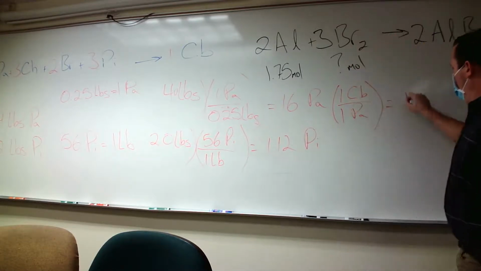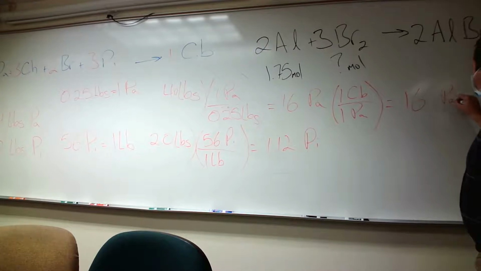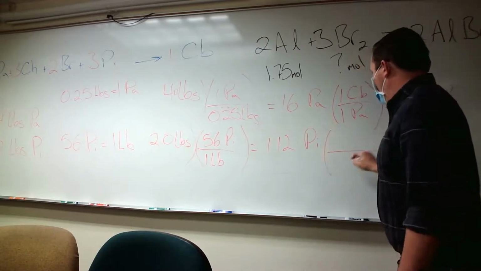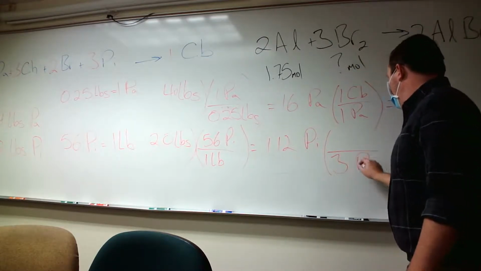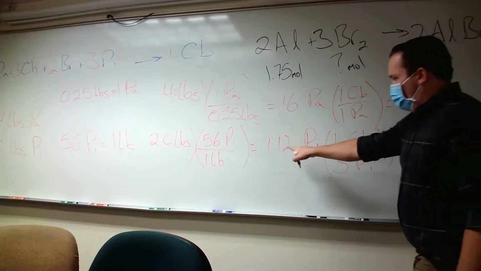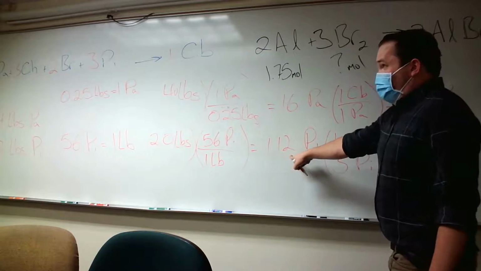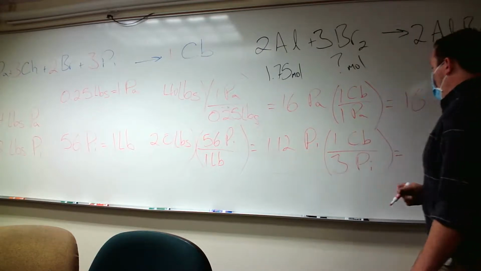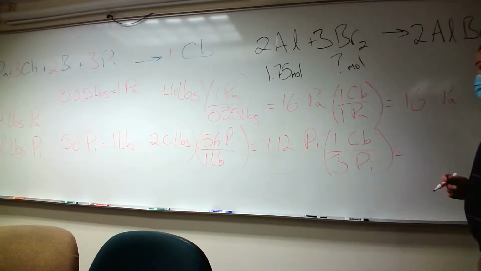So 1-to-1 ratio, so 16. If we do the same thing for pickles, we say, okay, well, for every 3 pickles is 1 cheeseburger. That's not going to be an even number, so it's going to be what? 37.333. 37.